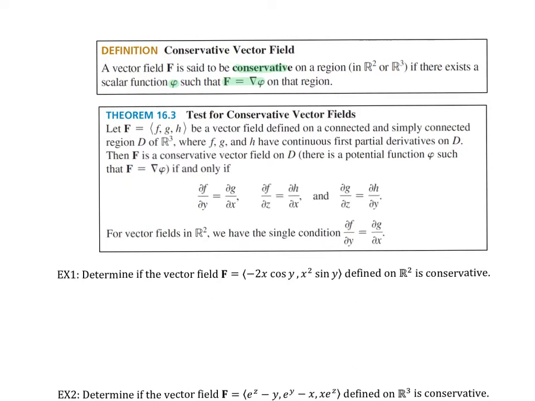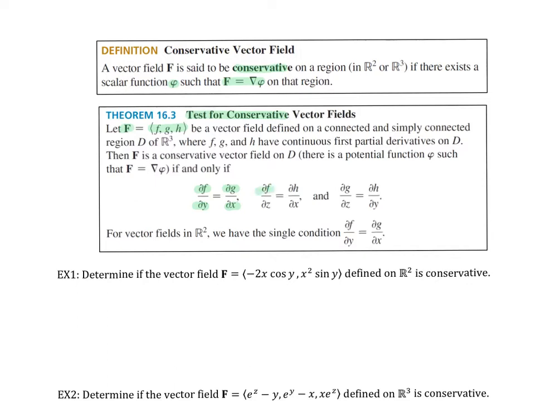So let's say we do have some vector field and we want to test to see if that vector field is conservative. Well, let's just say the vector field is over a 3-dimensional region, so it's the vector field F, G, H. Then it's conservative if, when you take the partial derivative of f with respect to y, it's equal to the partial derivative of g with respect to x.